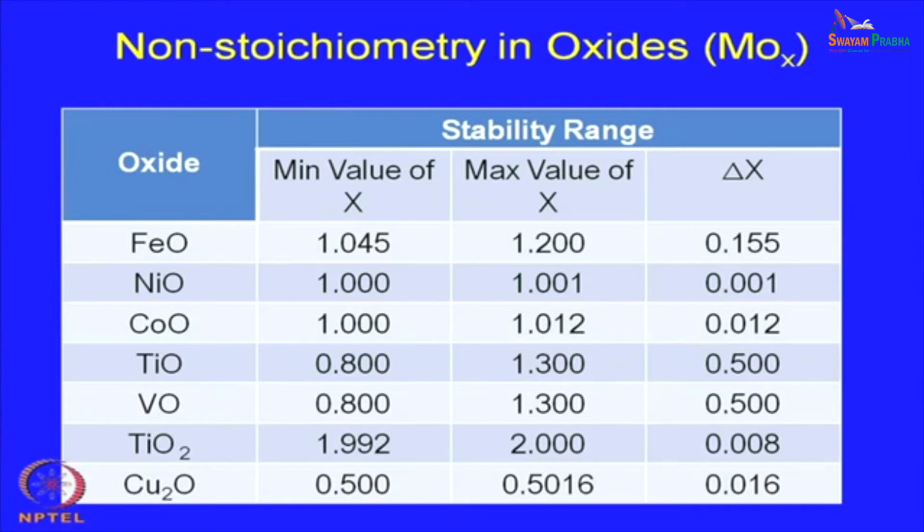Vanadium oxide is exactly the same as titanium oxide, TiO. TiO2 is different, it is supposed to be 1:2. Only in some cases is it really 2, but otherwise it is less than 2, 1.992, which is fairly low.